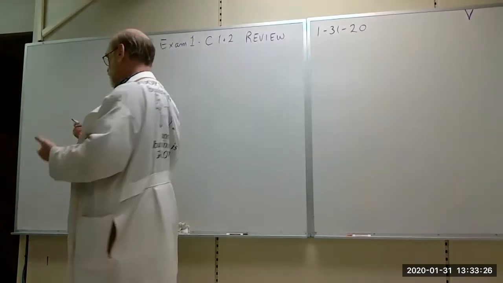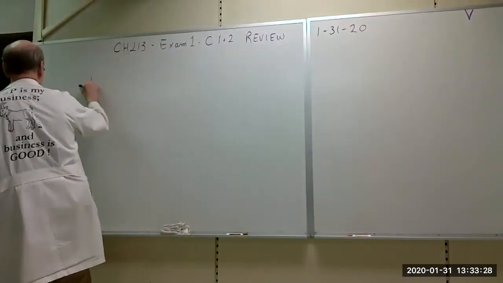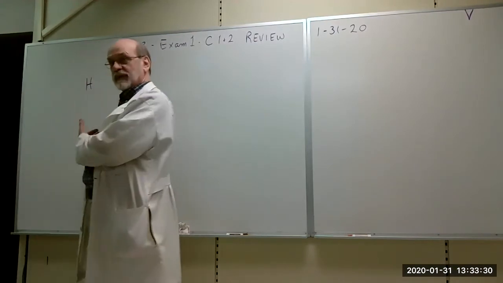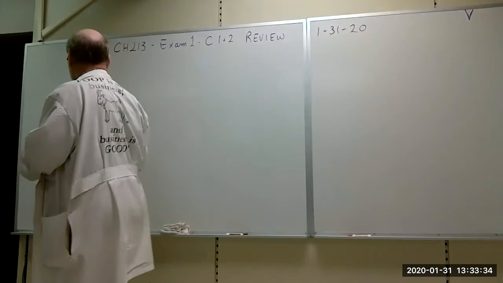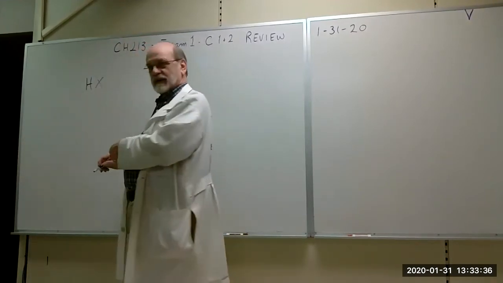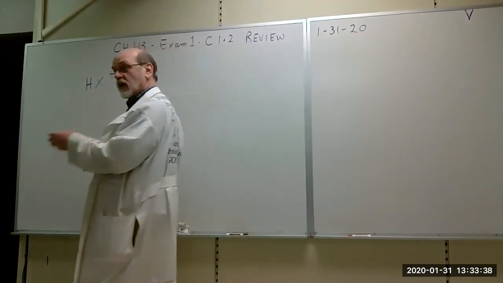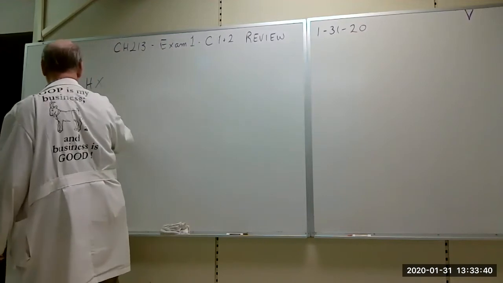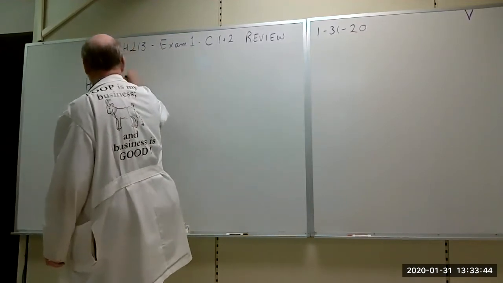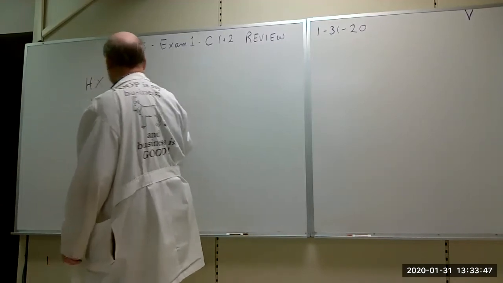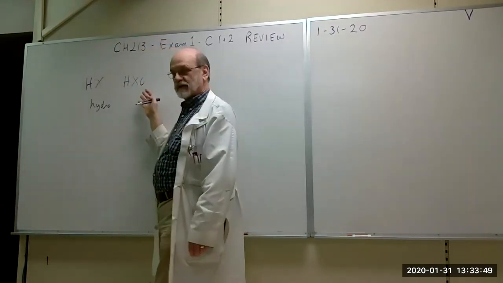First of all, you have to have an acid, a hydrogen plus something. Then you ask, is there an oxygen in there? If there's no oxygen, you start with hydro. If there's any oxygen in there, you don't say hydro.